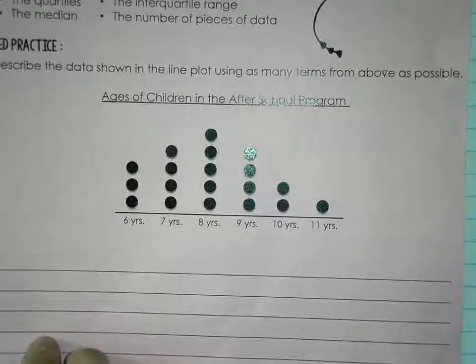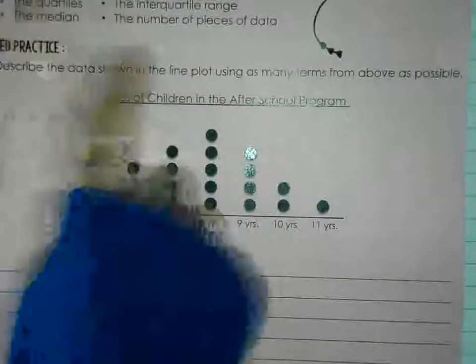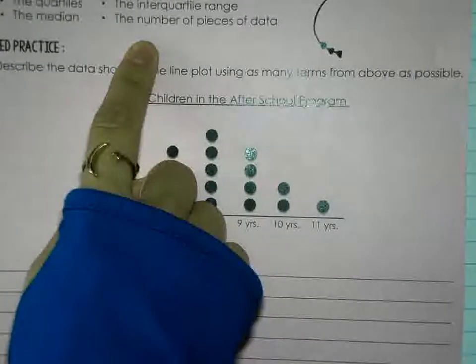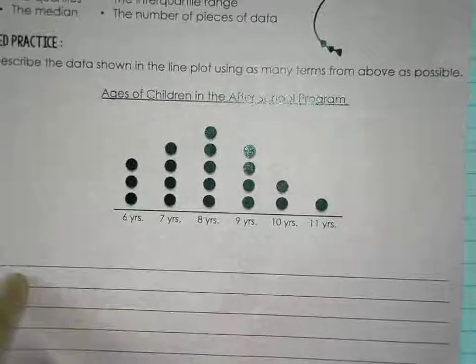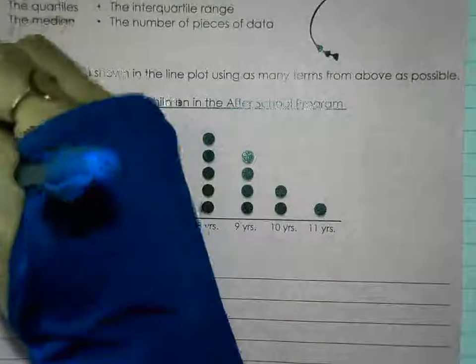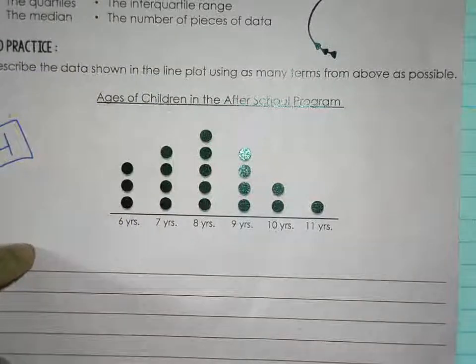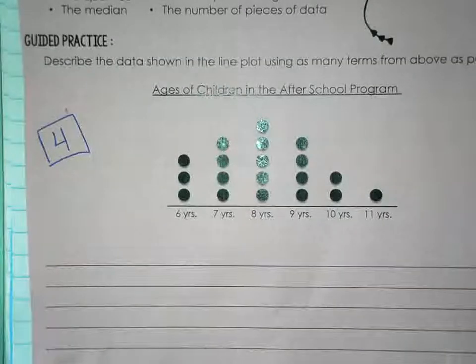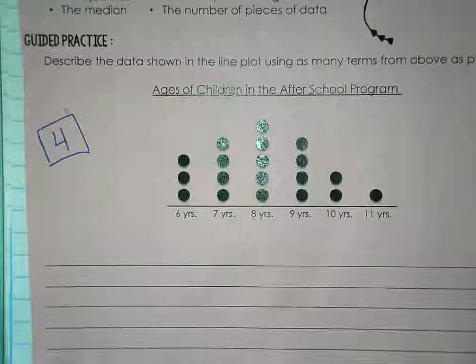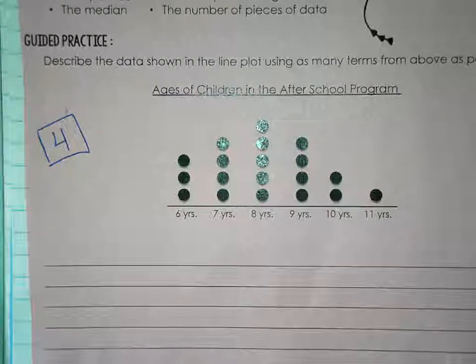You can say something about all of them. I want you to come up with 4 on your own. You have to have 4 pieces, and then we will add in more as a class, and talk about more together in our small groups.